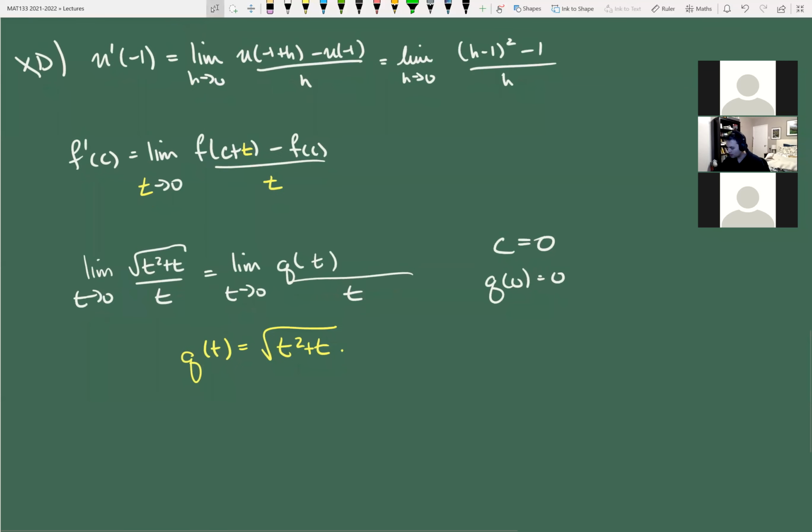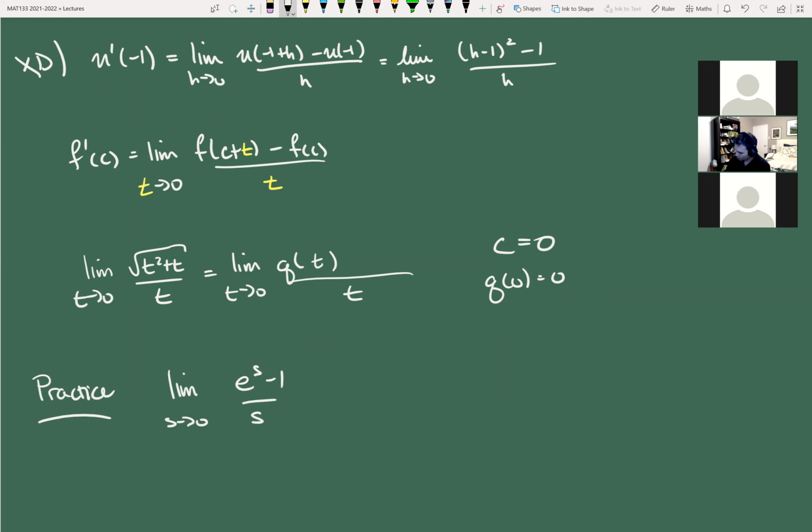Here, let me give you a couple more, and I want you to practice them. Okay, so here, let's just do a couple of practice ones. And so this works for everyone in the class. Anyone can practice these. So let's do the limit as s goes to 0 of e to the s minus 1 over s. We could do the limit as x approaches 2 of x squared plus 2x divided by x minus 2.